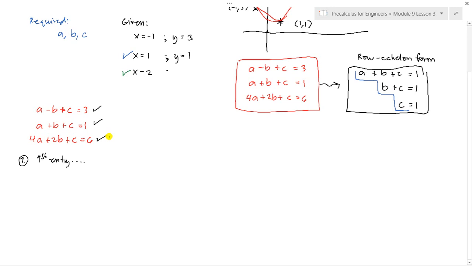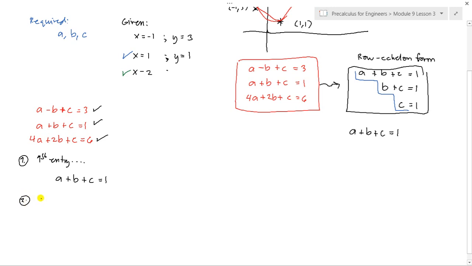Second, sir. Second, but the first is possible too, right? Okay, so it's up to you. It can be the second or the first. Sige, the second. So the first entry in our row echelon is A plus B plus C is equals to 1. We'll just separate it here: A plus B plus C is equals to 1.